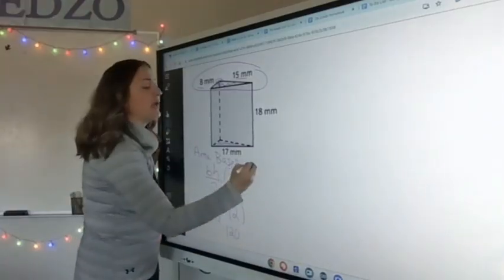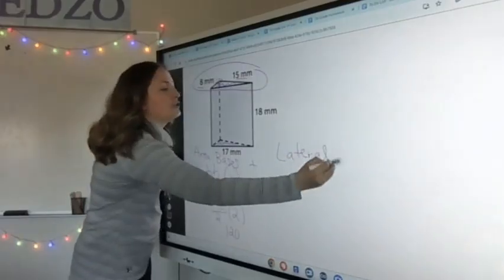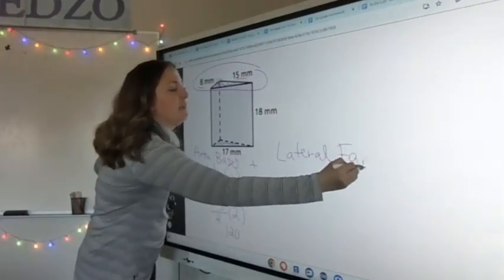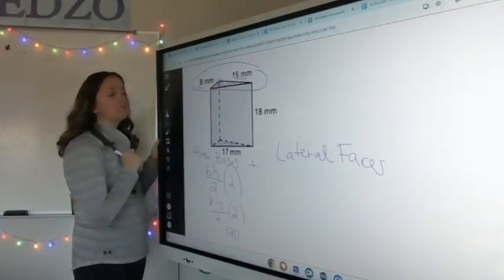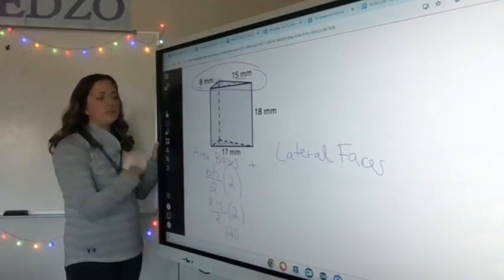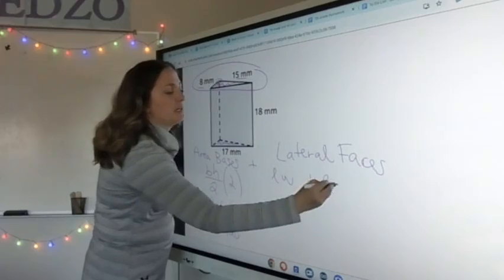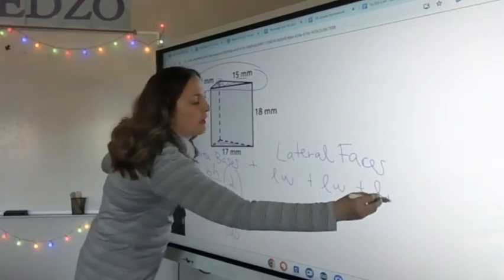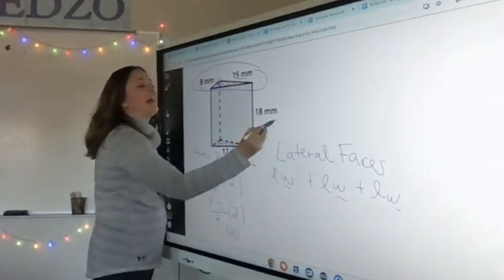Now I have to add to that my lateral faces. In a triangular prism, a triangle has 3 sides, so we have 3 lateral sides. For each of them, they're always going to be a rectangle. So it's going to be length times width plus length times width plus length times width. Now, each of my widths is going to be equal to my height.